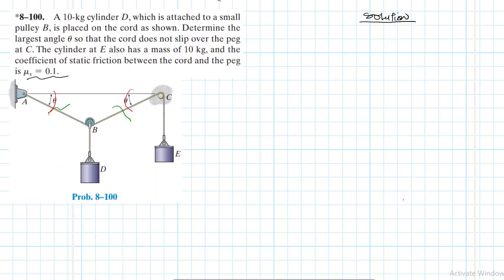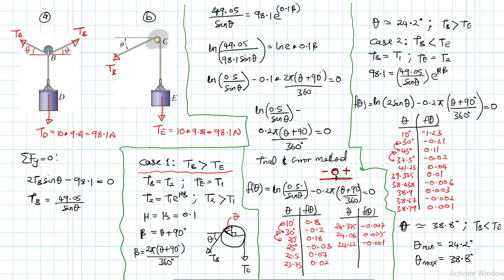Let me check the question. Determine the largest angle that the chord does not slip over the peg. So we found the maximum, but we've also found the minimum. Okay, so this is the final solution.